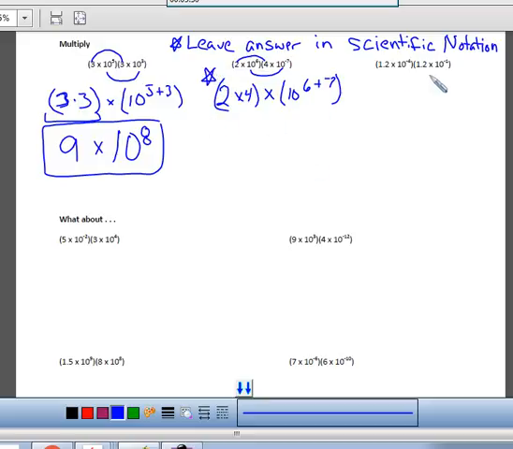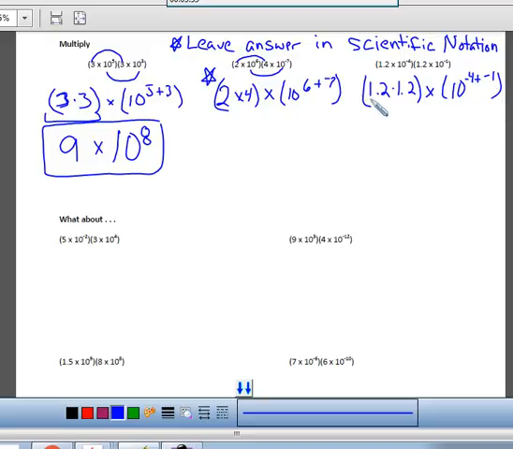So I'm putting a star next to this problem, on your own. The one that comes after that, 1.2 times 10 to the negative 4 and 1.2 times 10 to the negative 1. So I'm going to multiply 1.2 times 1.2. Some of you might be saying, well, how do I do that without a calculator? It's actually easy. And 10 to the negative 4 plus negative 1.